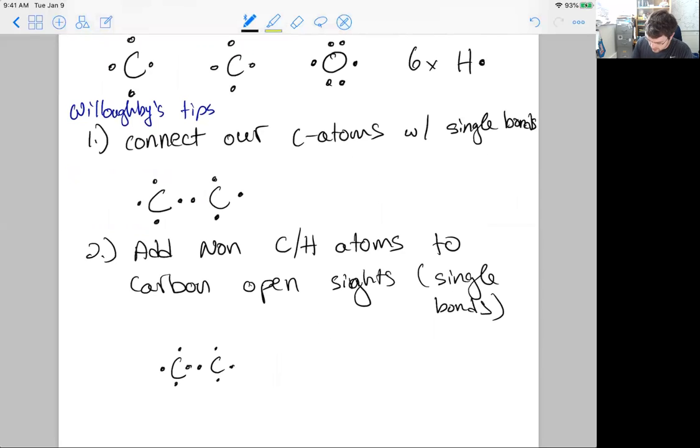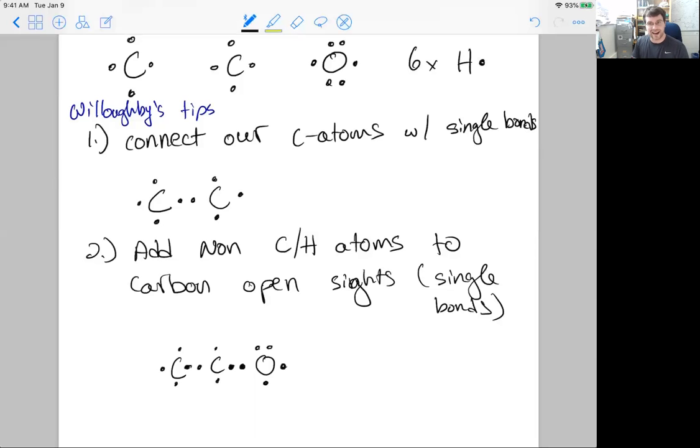And I've got an oxygen atom, and I usually just stick the oxygen atom down at the end, connecting it by a single bond. When I do this, I need to make sure that I'm connecting my oxygens and, for example, my nitrogens and my halogens to carbon atoms only.